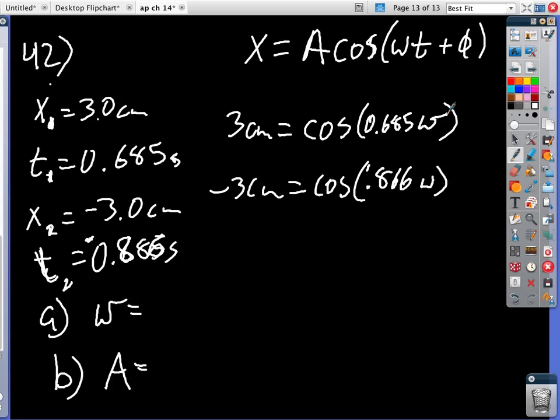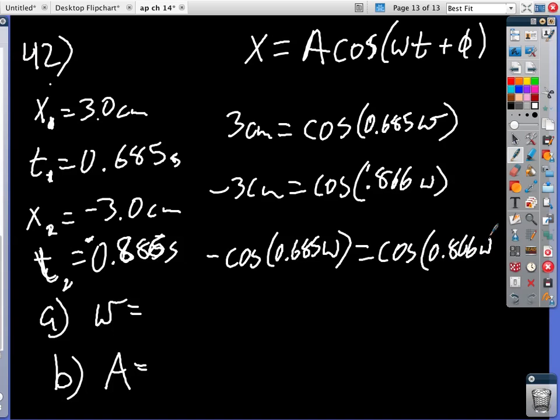Then they substituted that in for this. So you get negative cosine 0.685 omega equals cosine of 0.886 omega. So how do we solve that for omega?